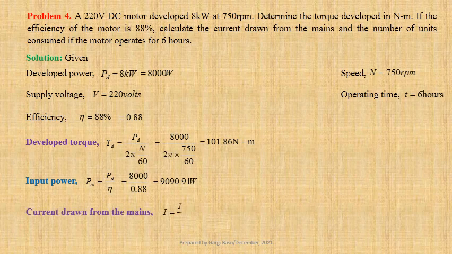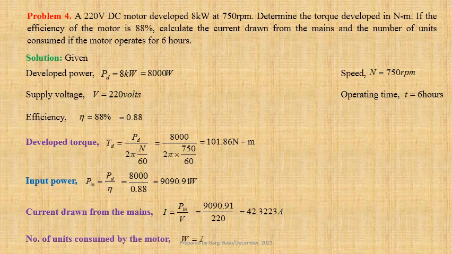I equals P divided by V. Using values we get 9090.91 divided by 220, that is equal to 42.3223 ampere.